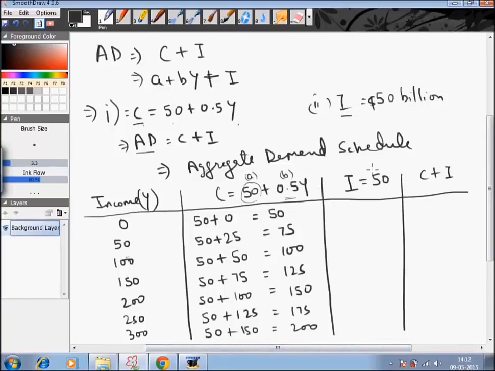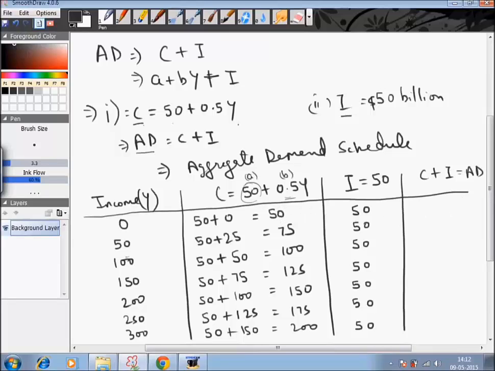Fine. Then as I told you, the investment level will always be constant. So for all levels of income, the investment level will be constant, which is assumed to be $50 billion. Now, in order to get aggregate demand, C plus I is equal to aggregate demand.